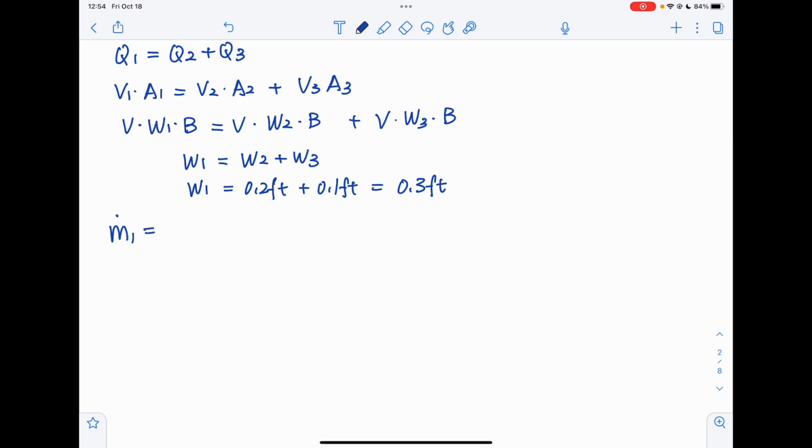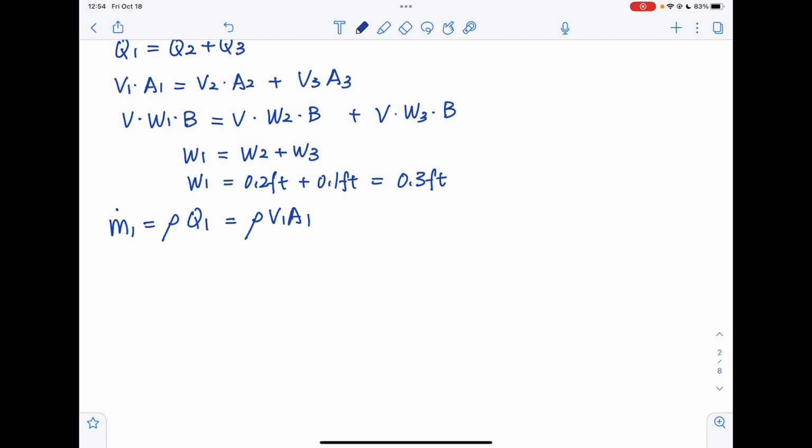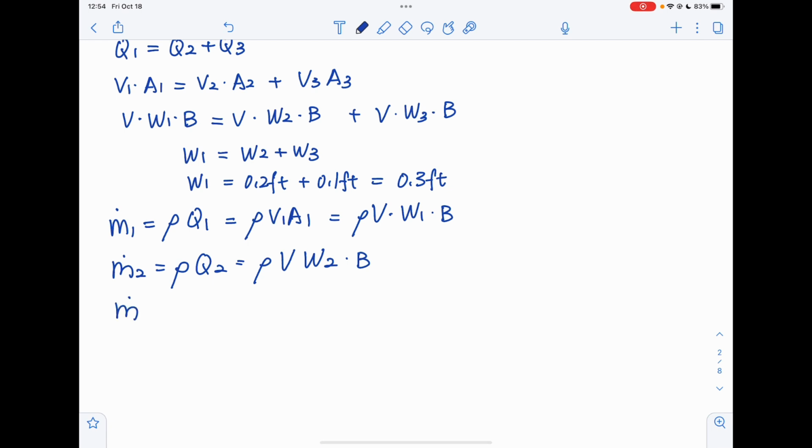M1 dot equals rho times Q1, which will be rho times V1 A1, and therefore it will be rho times V times W1 times B. The mass flux M2 is rho times Q2, and it will be rho V2 times B. And similarly for M3, it equals rho times Q3, which equals rho V3 times B.